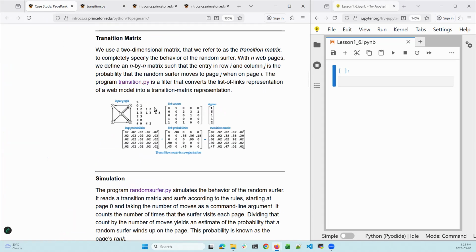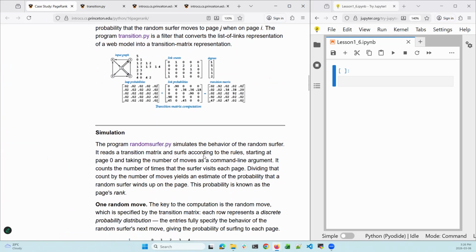So this is also a diagram representing the input graph, how one page can look at different links. The input graph is translated into a matrix, with various degrees of the matrix, the leap probability, which is fixed, and the link probability, and then you get the transition matrix computation.